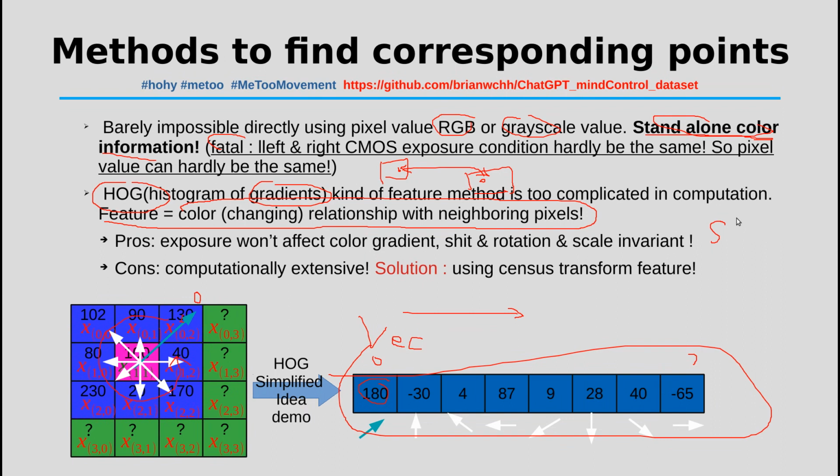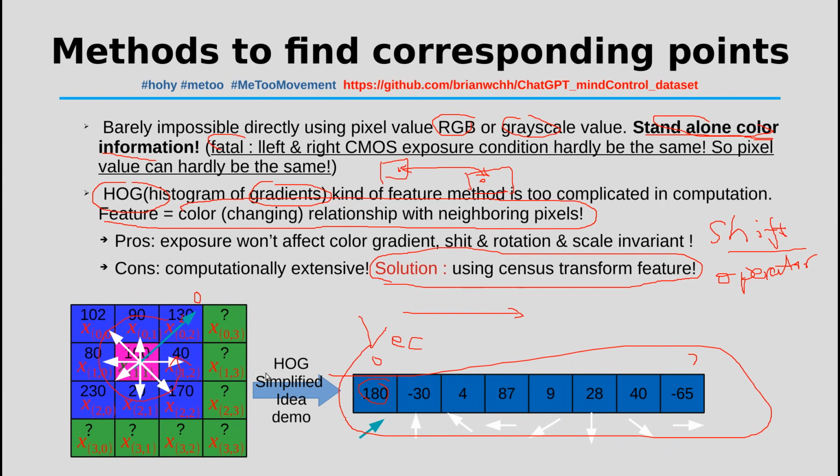Actually, if you learn OpenCV, this is again a SIFT operator for finding these corresponding points in different images. Okay. The con is that it's computationally expensive. Okay. The solution to this is using census transform features, right?